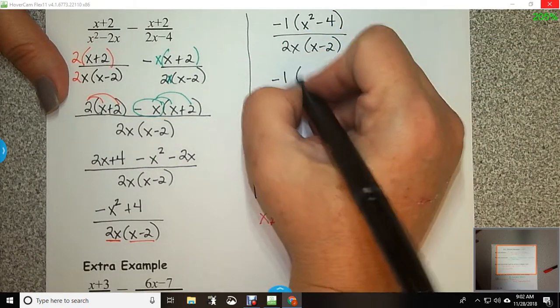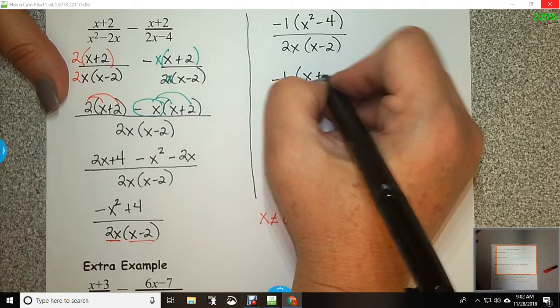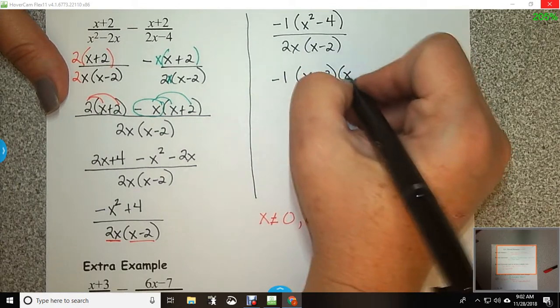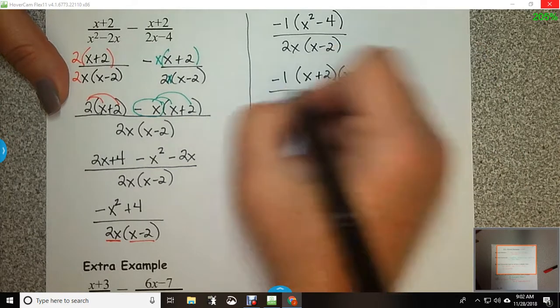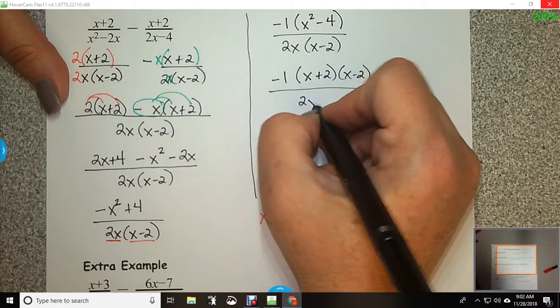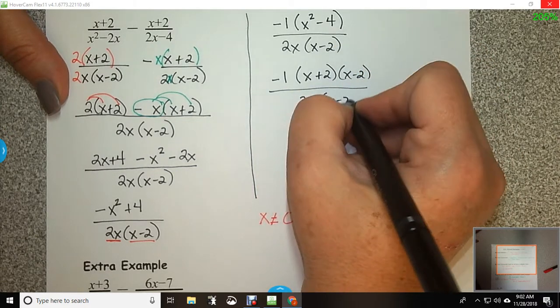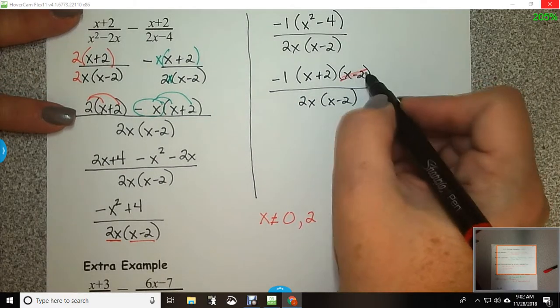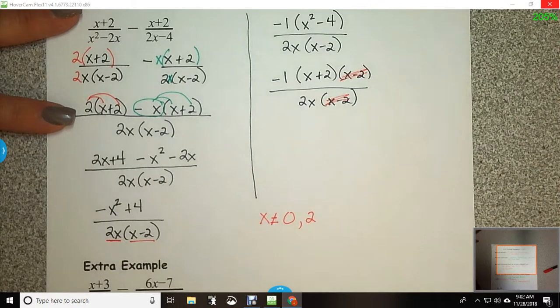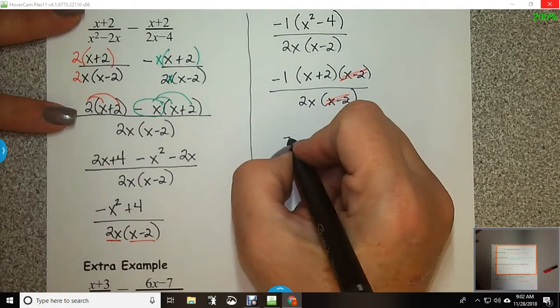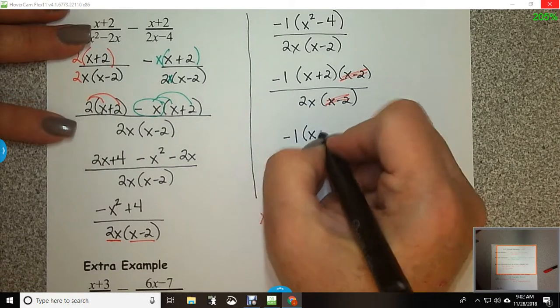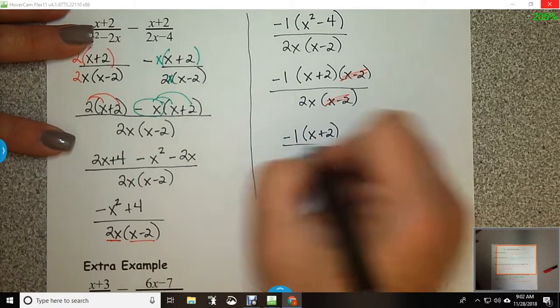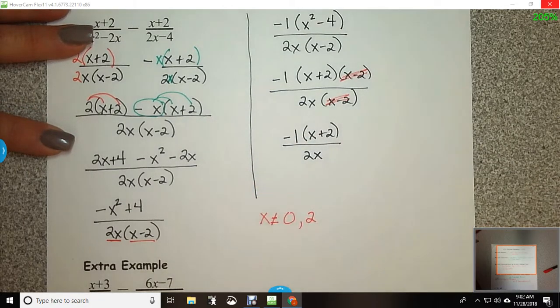Continue to factor that numerator into an x plus 2 and an x minus 2. And now you can cancel your x minus 2's. And I get negative 1 times x minus 2 over 2x.